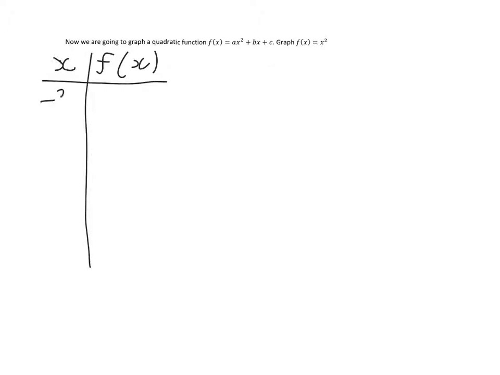All right, we're going to do the most basic. We're going to look at f of x equals x squared. And to graph this, we're going to just do an xy table for now. We'll look at more sophisticated ways later. And let's plug in, we'll just go -3 to +3.